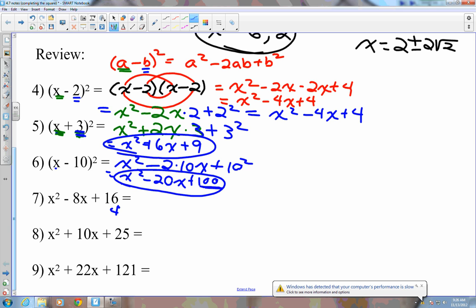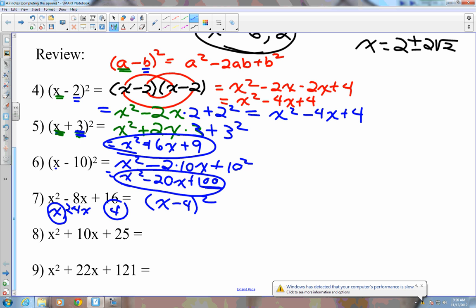Then the square root of the first term. The square root of x squared is x. 4 times x times 2 is 8. So that's a perfect square trinomial. It meets our pattern. So you look at the x and the 4. This is x minus 4 squared.